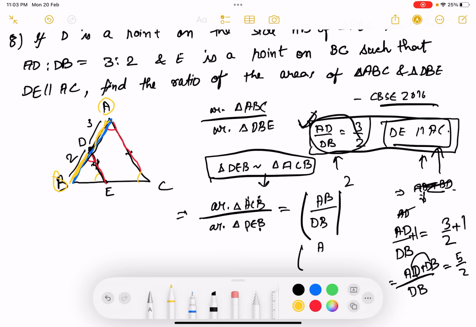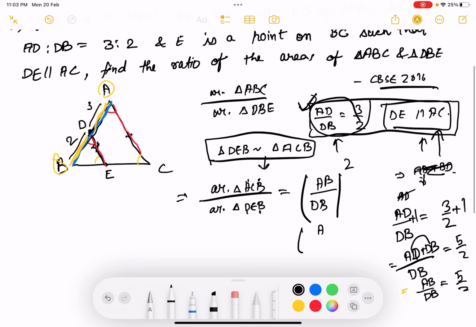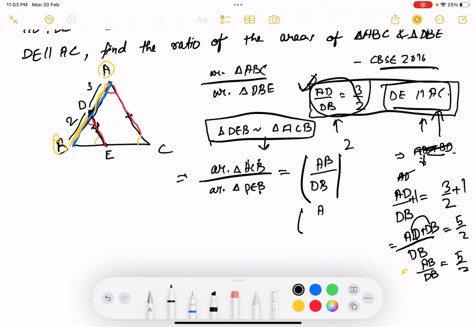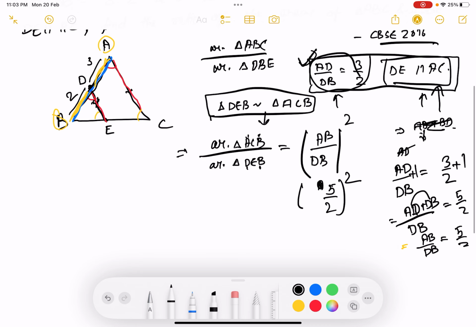So we have AB upon DB equal to 5 by 2. So instead of AB by DB we will write 5 by 2 whole square, which will be 25:4. This is the final answer.